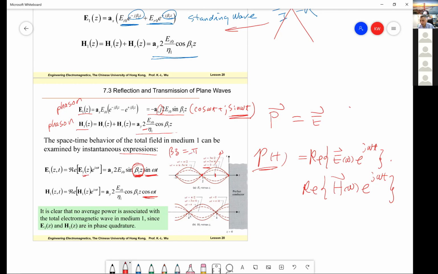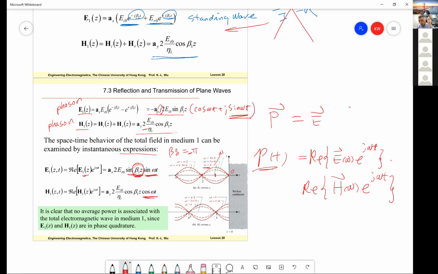So minus pi, because z 0 is here, right? Everything here is a minus. So if beta z equal to minus pi, this constant equals 0, so you cannot measure any electrical field.